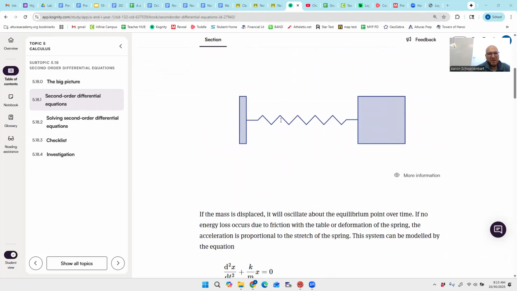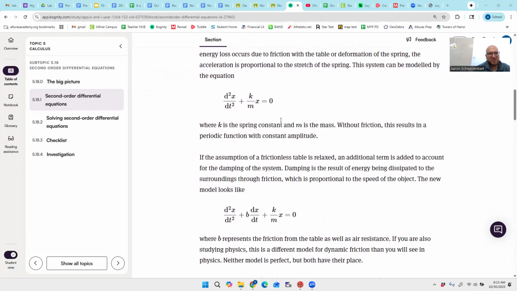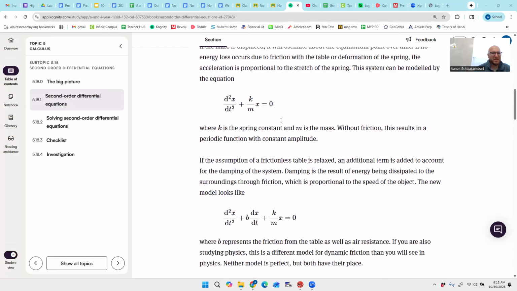A second order differential equation can look like this, or that. K over M, K over M are just constants. This is a spring system, so K is the spring constant, M is the mass of the object being moved by the spring.